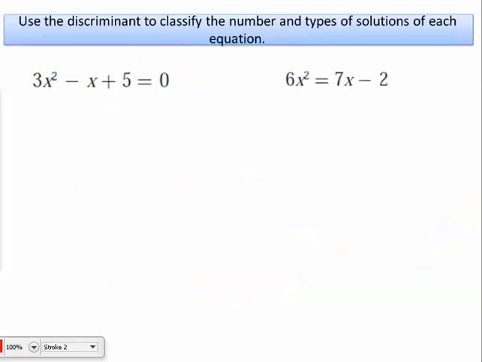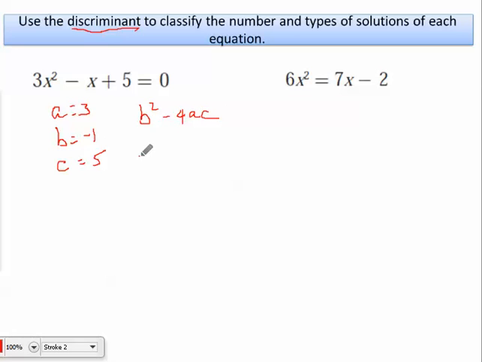Okay. This one is simply asking me to use the discriminant to classify the number and types of solutions. So in this particular situation, all I got to do is make certain I write down A equals 3, B equals -1, C equals 5, and then B squared minus 4AC.